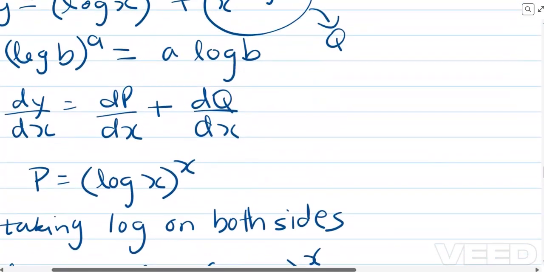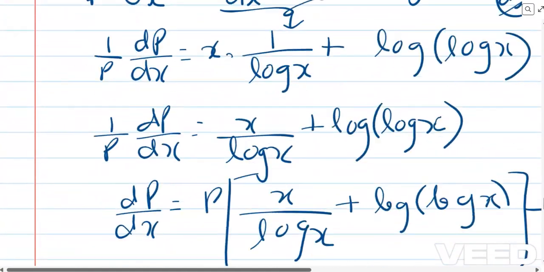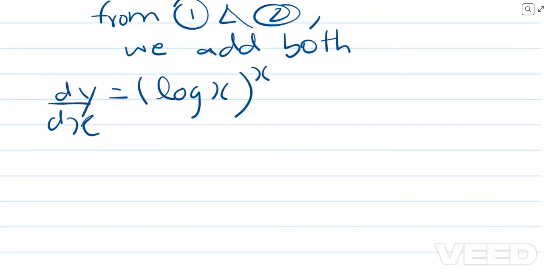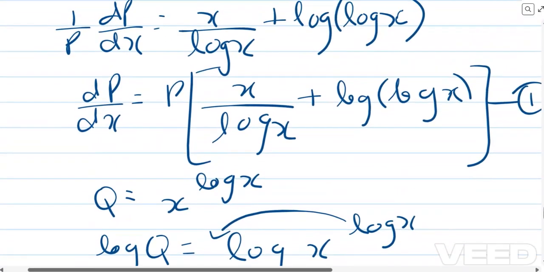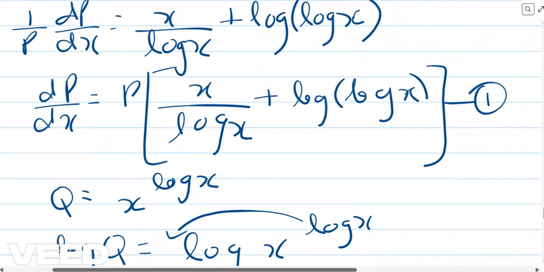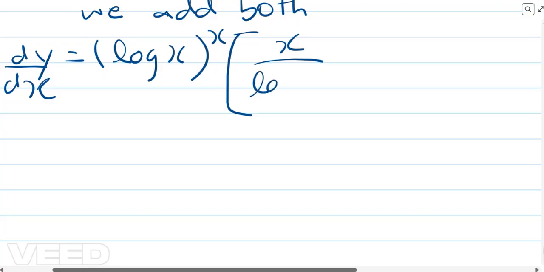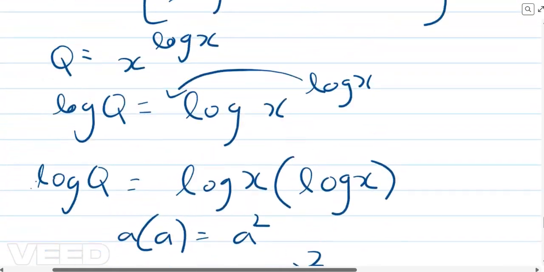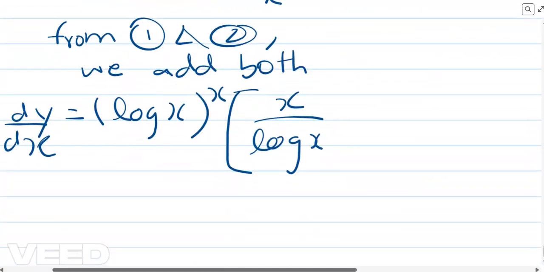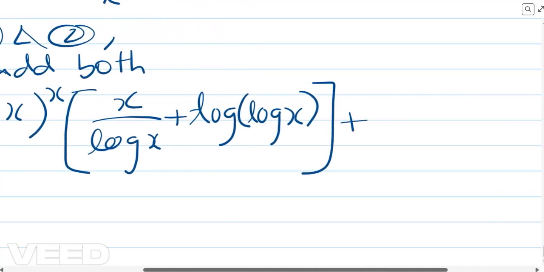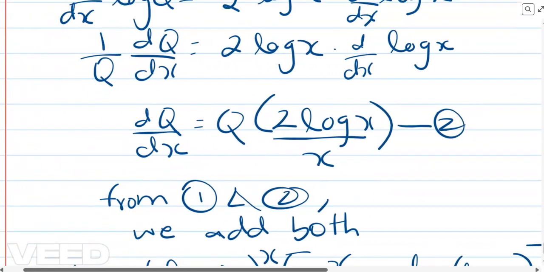What is p? p is (log x)^x. So we write (log x)^x times (1 by log x plus log of log x). Now we substitute the value for q.